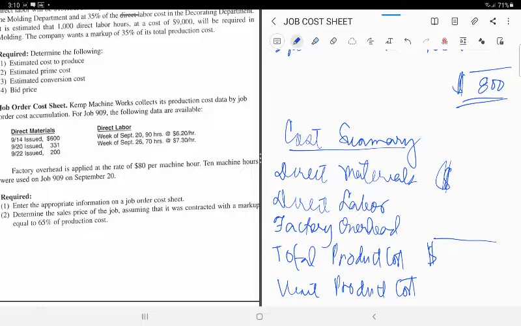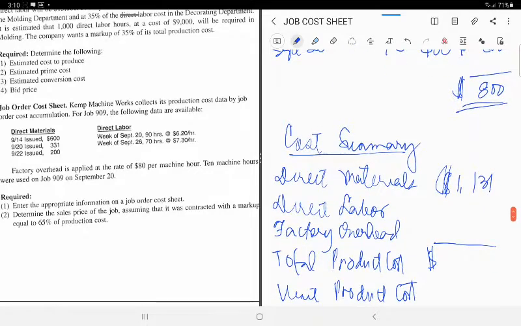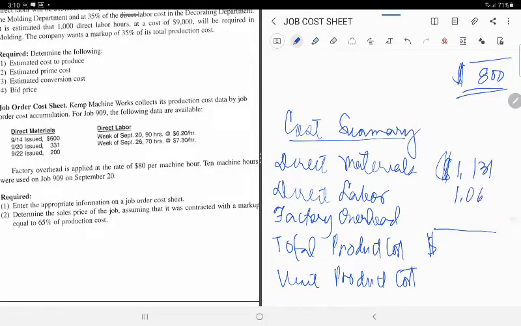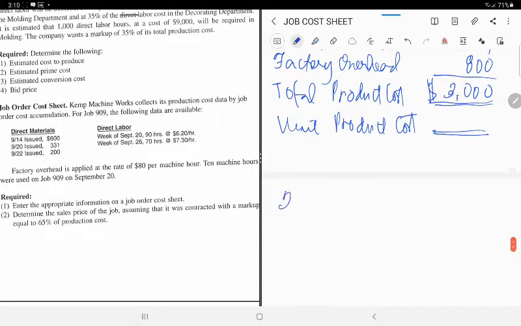Put in the cost summary: direct materials 1,131, direct labor 1,069, and factory overhead 800. Then let's total them: 3,000. We have no number of units, so we cannot compute the unit product cost. Let's go to requirement number 2.